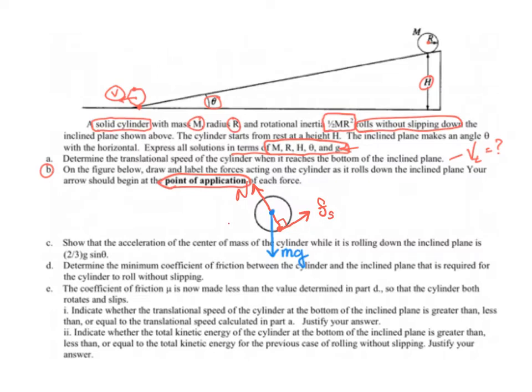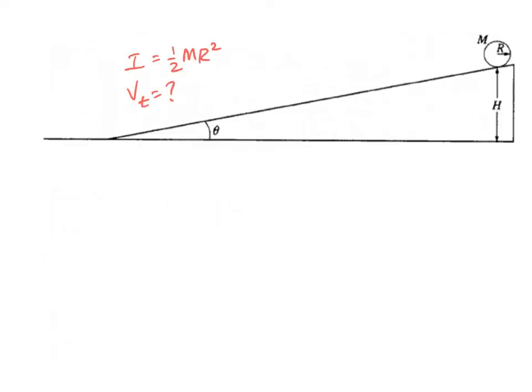All right, and then we'll come back and we'll also get the acceleration of the center of mass while it's rolling down the inclined plane. Let's go back up and find the translational speed of the cylinder when it reaches the bottom of the inclined plane. This is a problem we can solve using conservation of energy.